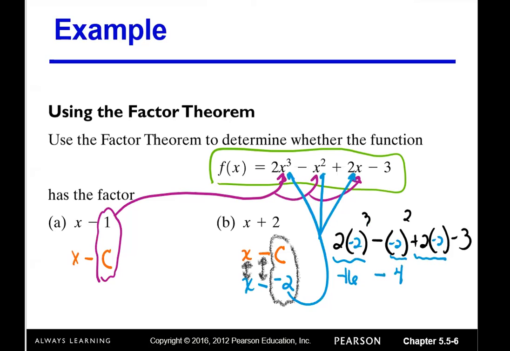Positive 2 times a negative 2 is negative 4. And then I get negative 3. That does not equal 0. What does it equal? Negative 20, negative 27. Yeah. So this one's a big old no. That's using the factor theorem.